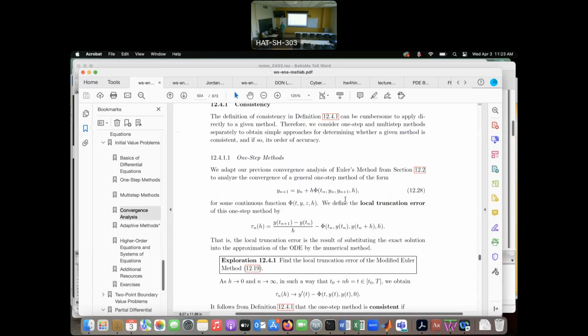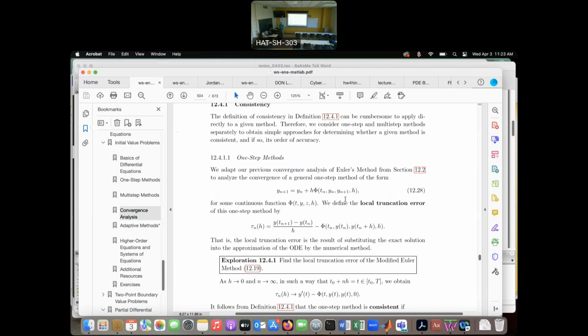Then I realized that you don't really need to include it as long as you're okay with defining phi in an implicit manner, like a recursive manner. And I will show you an example of that. It makes sense because for an implicit method, y_{n+1} is an implicit function of everything else. So you have this equation to solve, like by iteration.